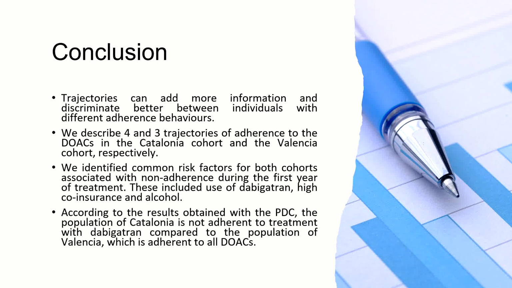We describe 4 and 3 trajectories of adherence to the drugs in the Catalonia cohort and the Valencia cohort, respectively. We identify common risk factors for both cohorts associated with non-adherence during the first year of treatment. This includes use of dabigatran, high coinsurance, and alcohol.